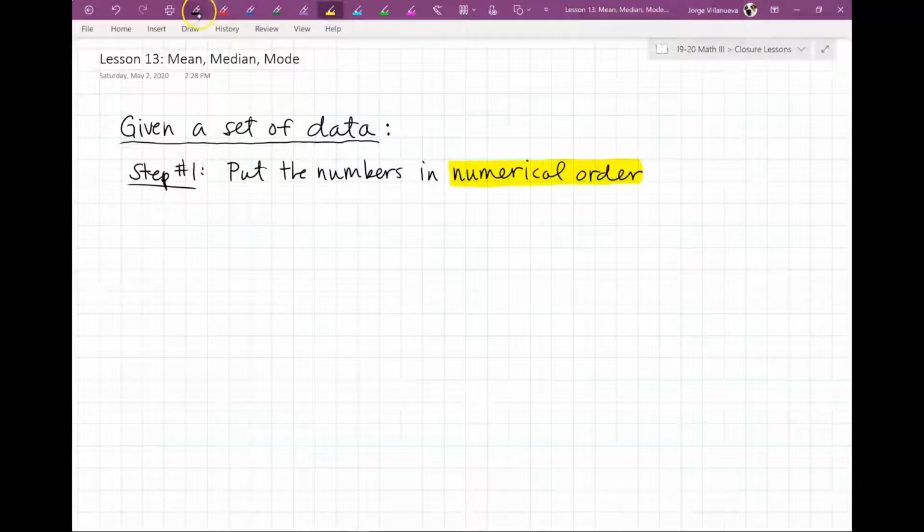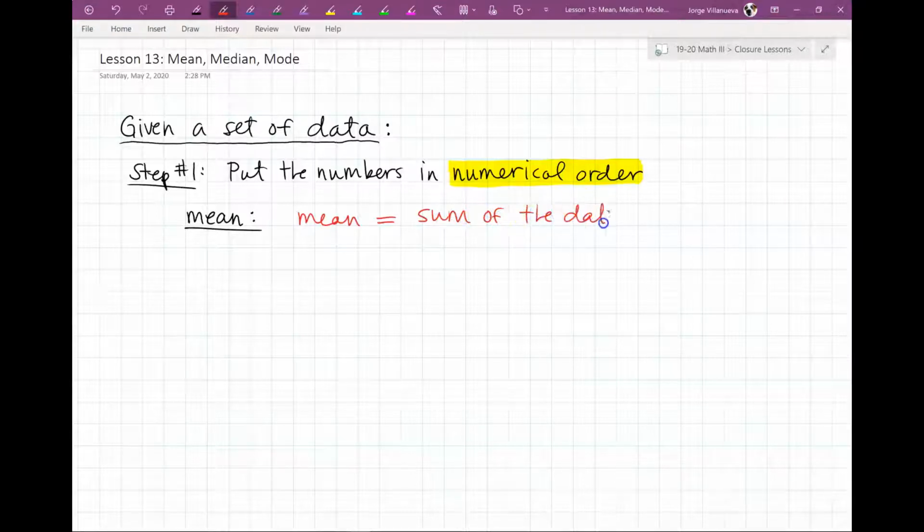Now what you're going to do is define, depending on the problem, it might ask you for mean, median, or mode, maybe even range. So let me define those for you guys. So mean. In order to find your mean, that's going to be the sum of the data divided by the total number of data.